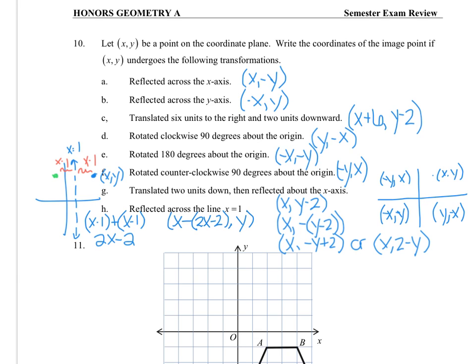Don't forget to distribute. So this is plus a negative and a positive. Therefore, our new ordered pair is going to be x plus negative 2x, which means negative x, plus 2, comma y. You could have also gotten 2 minus x, comma y, but either way, that's going to give us this new point, which is the point when xy is reflected across the line x equals 1.